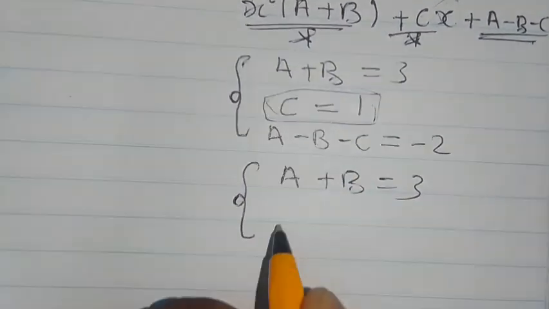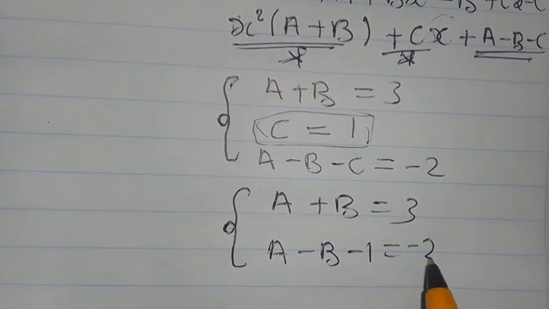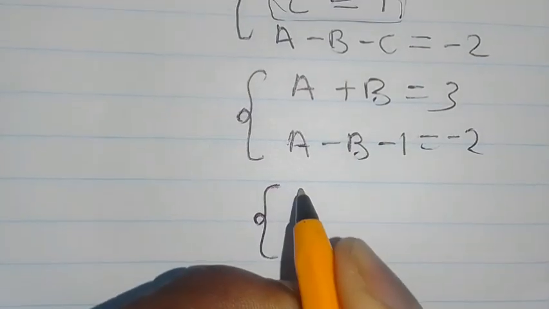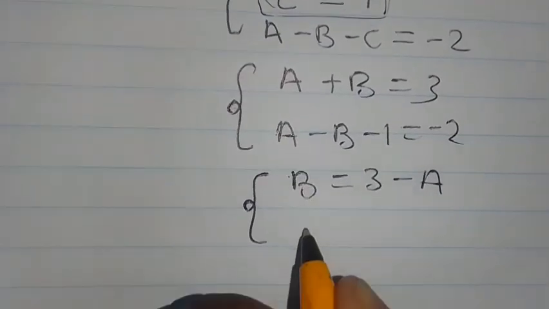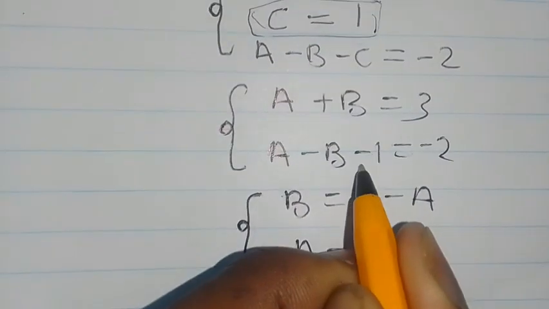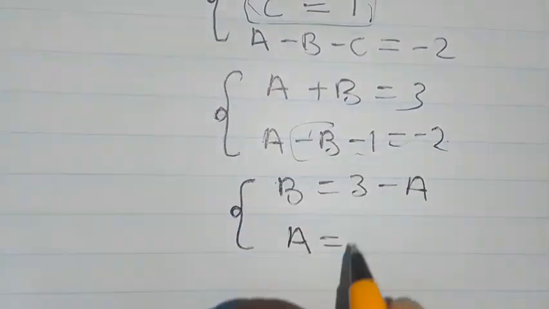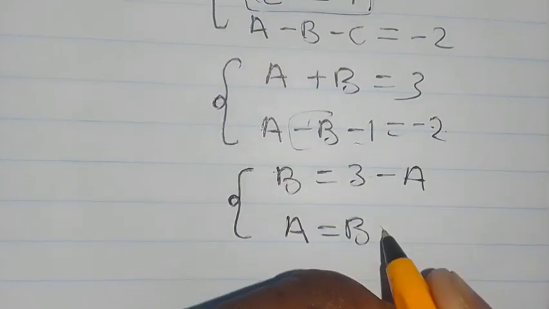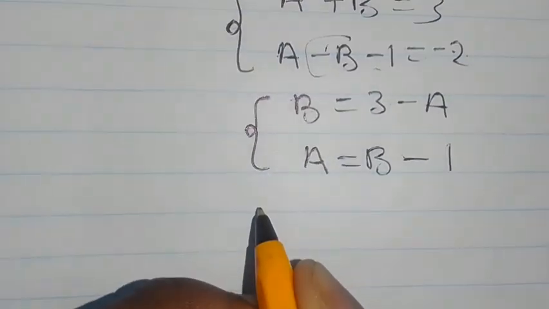And if we plug in c here, we'll have a minus b minus 1 equals minus 2. This means that b equals 3 minus a. And from here we get that a equals minus 1, going that side it's going to be positive. And if minus b goes that side, it's going to be positive. And then minus 2 minus 1, minus into negative 1 is going to be minus 1. So we have this one. Then you can just solve for a and b.